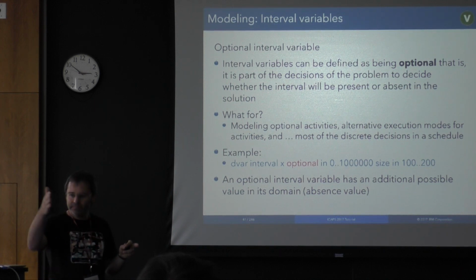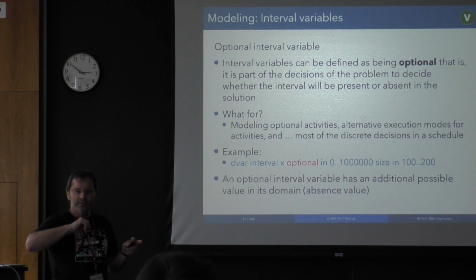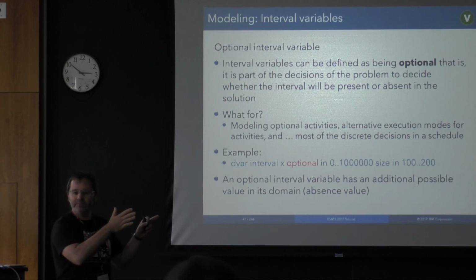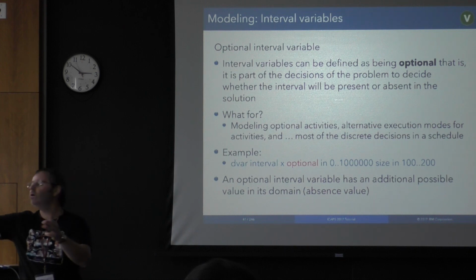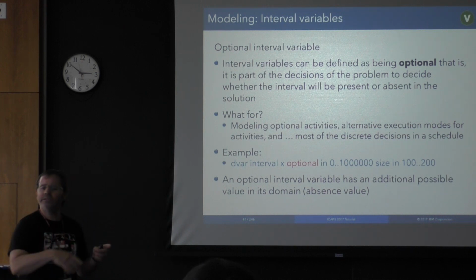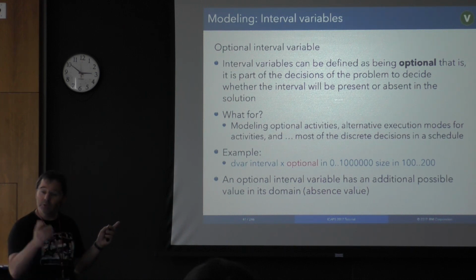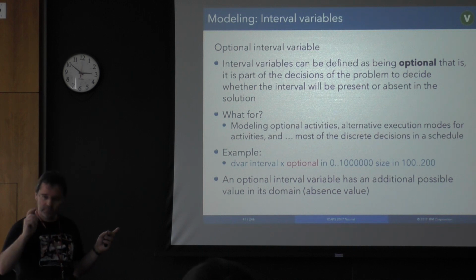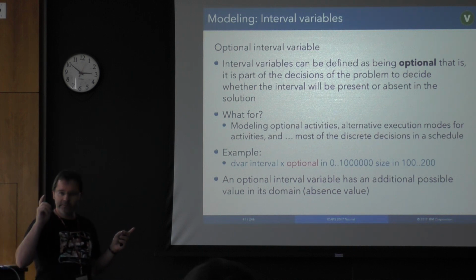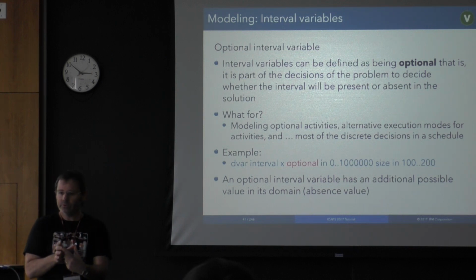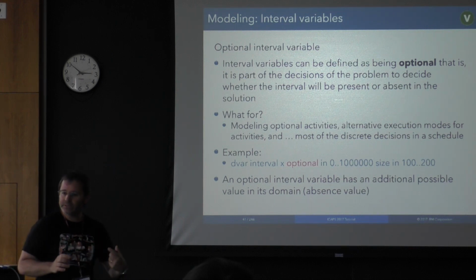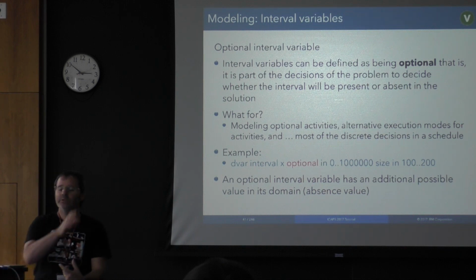But if you have, let's say, an activity that can be executed either in this time window, or in this one, or in another time window, we have several ways to model this. One way, which in some problems is very nice, is to have one interval variable that represents your activity, and let's say you have 3 time windows.